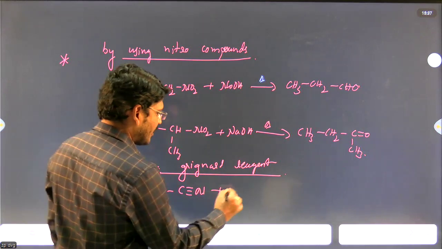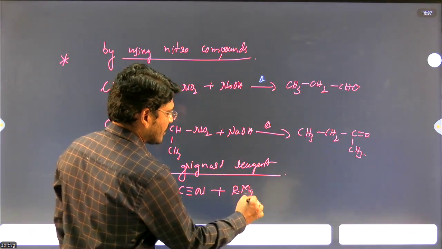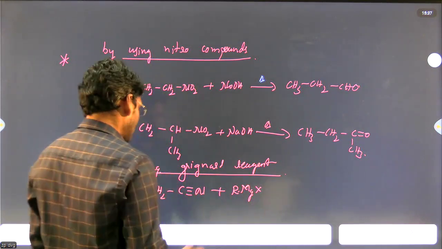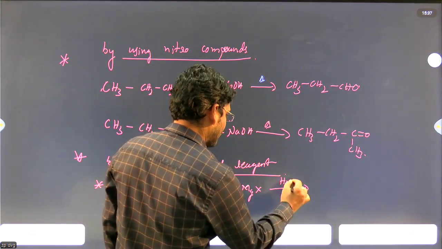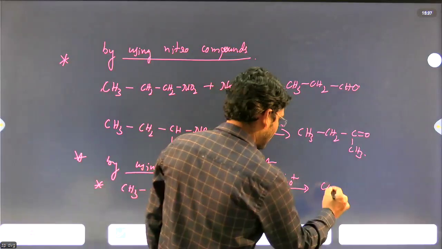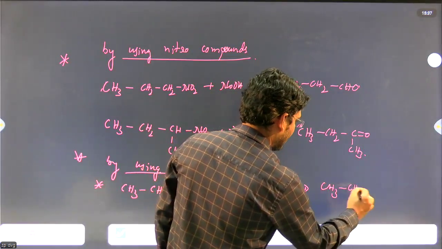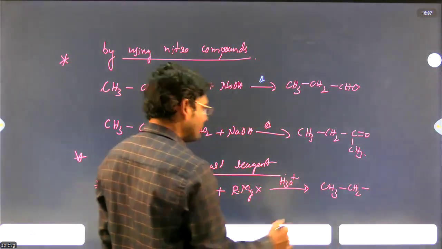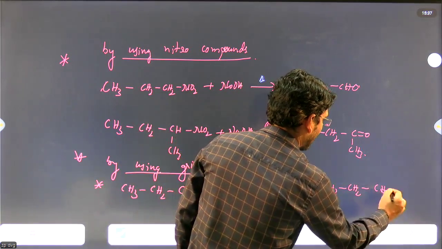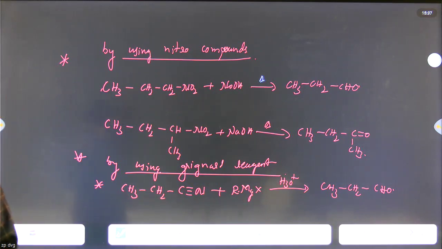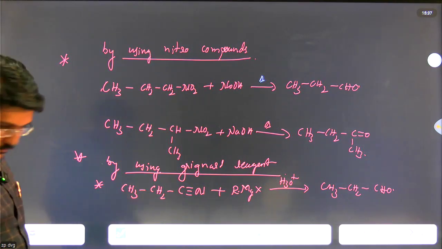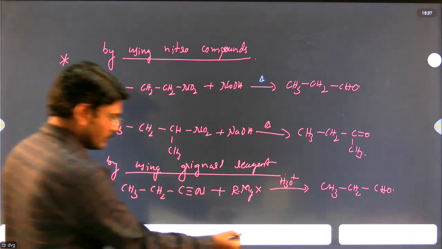When this nitrile reacts with the Grignard reagent RMgX, and then undergoes further hydrolysis, compulsorily we can produce CH3, CH2, CHO. This is another method, nitroalkanes. Over.